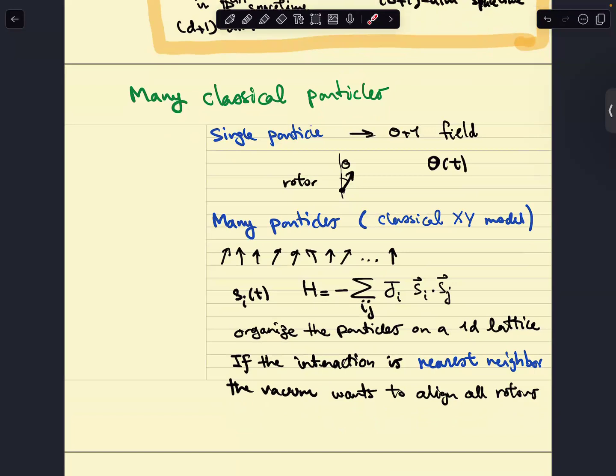Okay, so as you can see here, let's imagine that the interaction is nearest neighbor. Then this interaction, term by term, wants to make adjacent sites, adjacent spins or degrees of freedom, rotors, parallel, right? So the vacuum would be a setup where all of these are aligned.